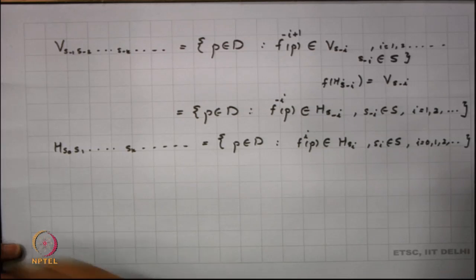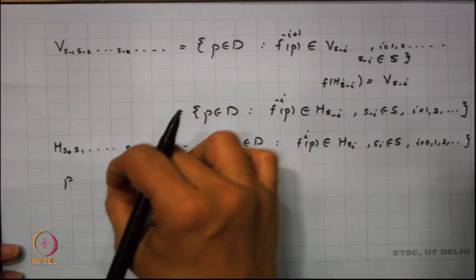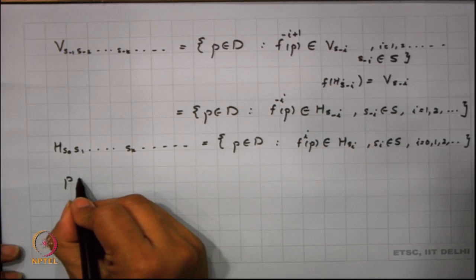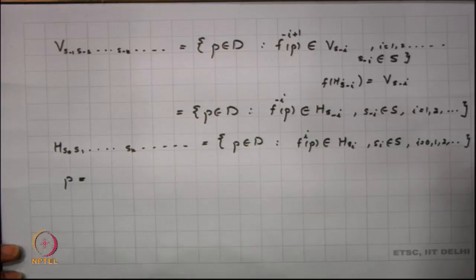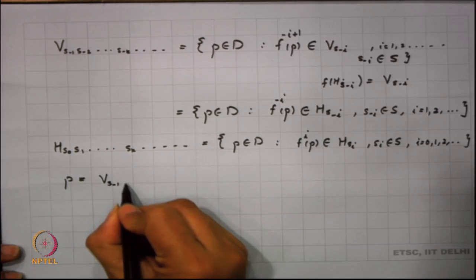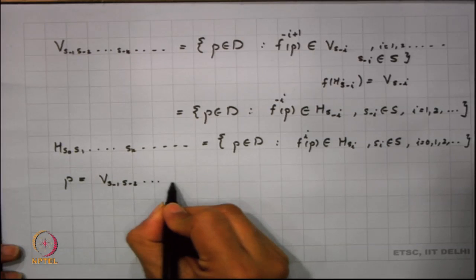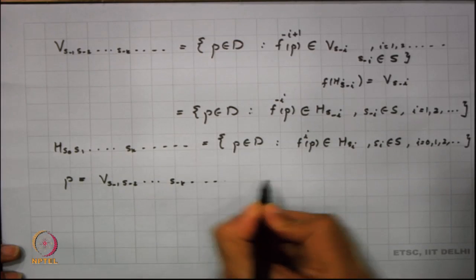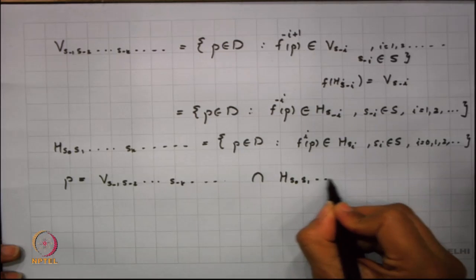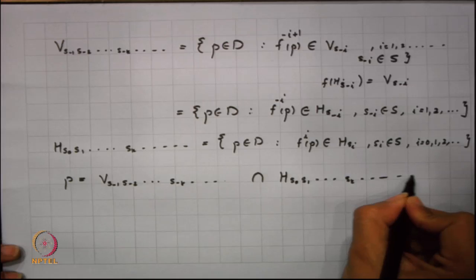So I can say that the point p that we have, which is the unique point of intersection of this horizontal line with this vertical line, can be written in this form: the unique intersection of V_{s-1, s-2, ..., s-k and so on} with H_{s0, s1, ..., sk and so on}.